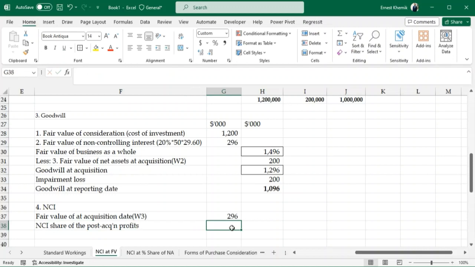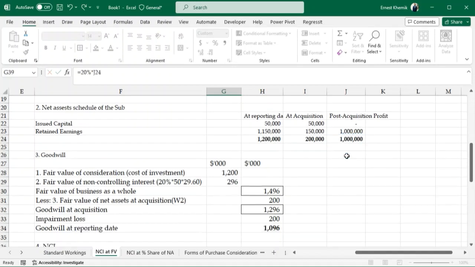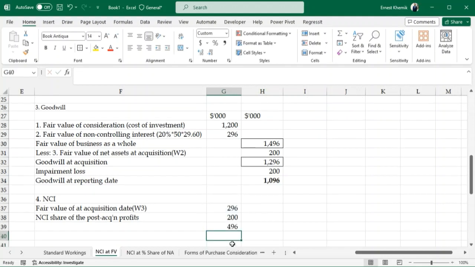So what is the share of the NCI? The NCI percentage is 20%, right? And then we are going to multiply that by the post acquisition profits, which we found in workings 2 to be 1 million here. So I write my 1 million there. But since we are dealing with 3 zeros at the top, let me just put my 200 right here. Alright, so I can add those two together. Now listen to me carefully here.